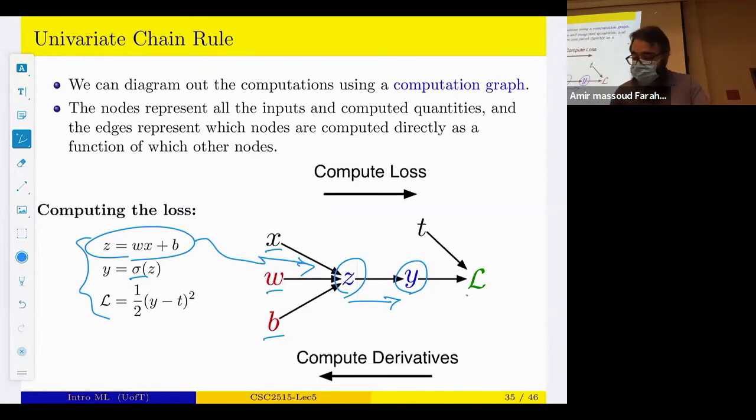Now when we want to compute L, L depends on Y, but also on the target T. So there are two inputs to this one.